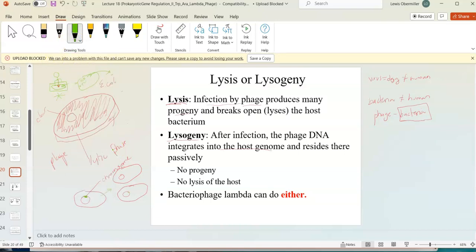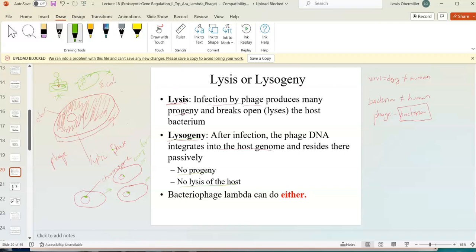But as it's doing that, every time the host bacteria divides, the virus that is lysogenic in it is going to get passed on to all of the daughter cells that are produced by binary fission. So there's no progeny made, there's no lysis of the host, it's just hanging out, and it's making more viruses as the bacteria is replicating.